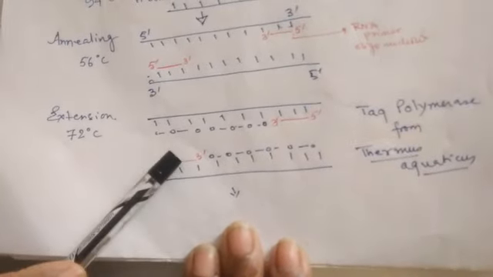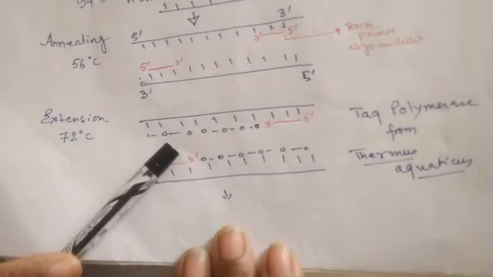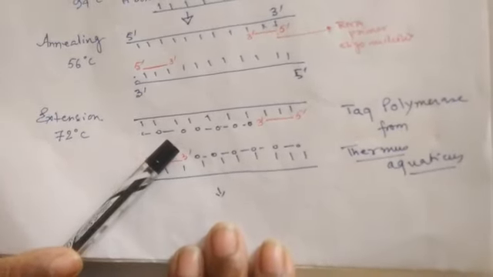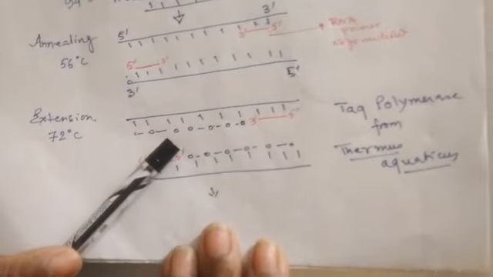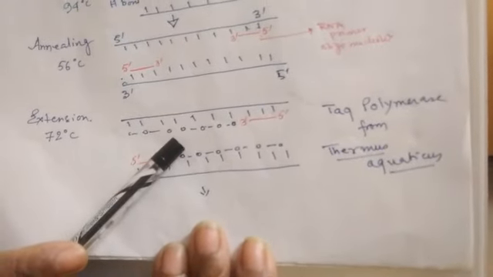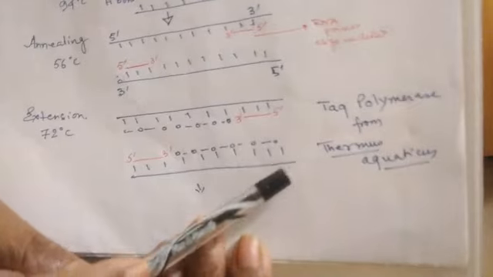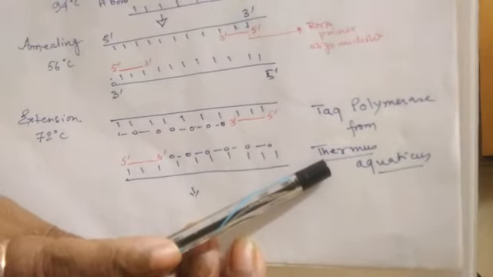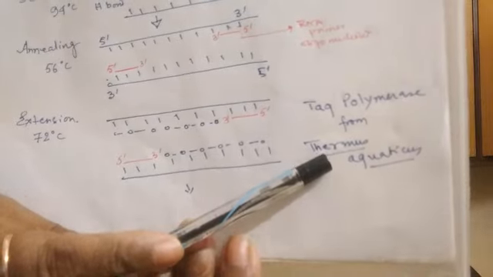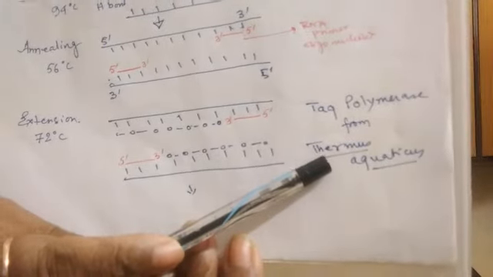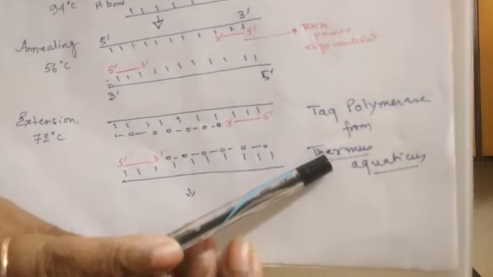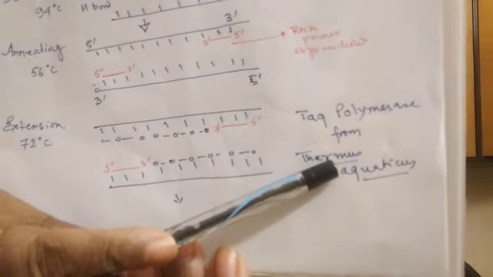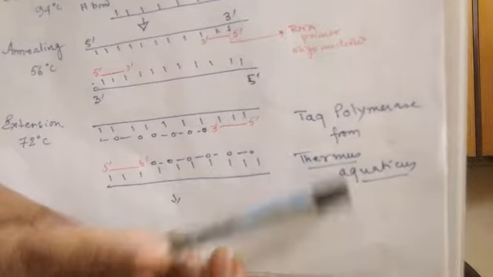So what is done? There are certain archaebacteria which grow in hot springs. We know that archaebacteria have diverse habitats, and certain ones can grow in hot springs with a temperature of roughly 100 degrees centigrade. They have thermostable proteins, and one of these archaebacteria is Thermus aquaticus.